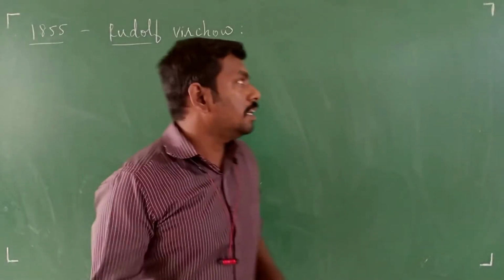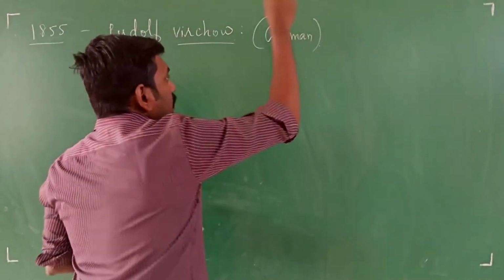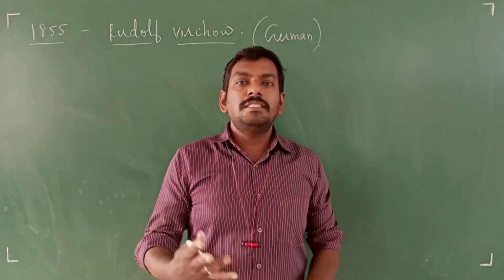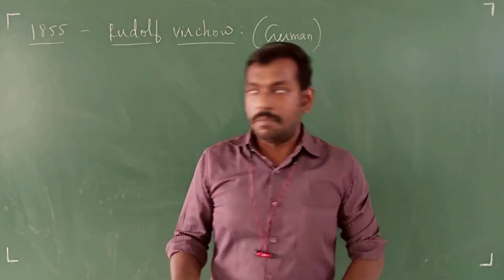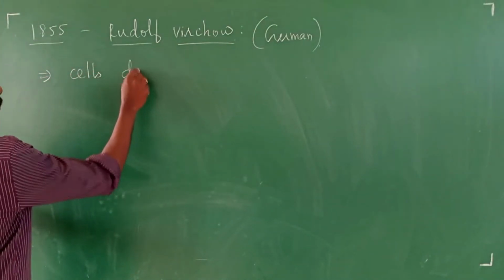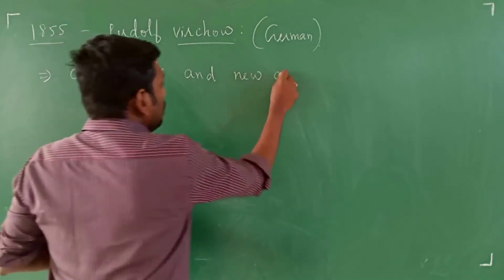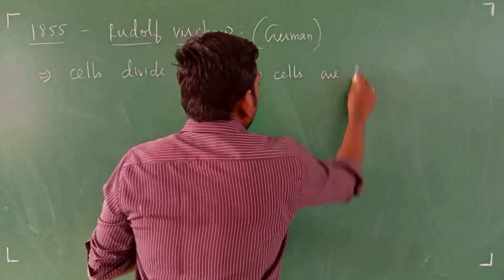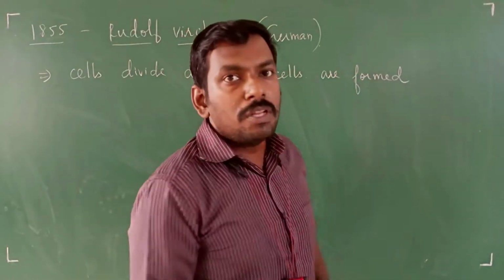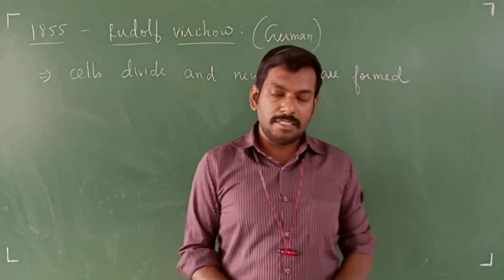He found that cells divide and new cells are formed. So how are the new cells formed? The new cells are formed from pre-existing cells.